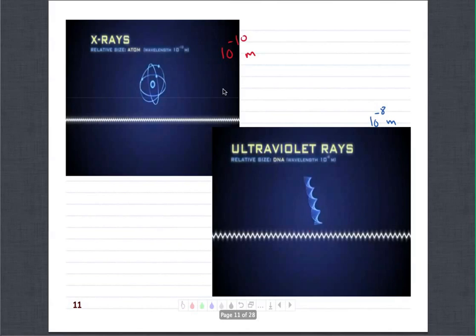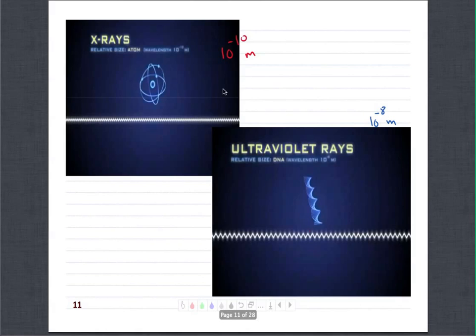Okay? Now the ultraviolet ray wavelength, it's less harmful than X-ray and gamma ray, but at the same time it's still harmful. And this is why we wear sunglasses when we're out, because we want to preserve our retina from any harmful radiation.